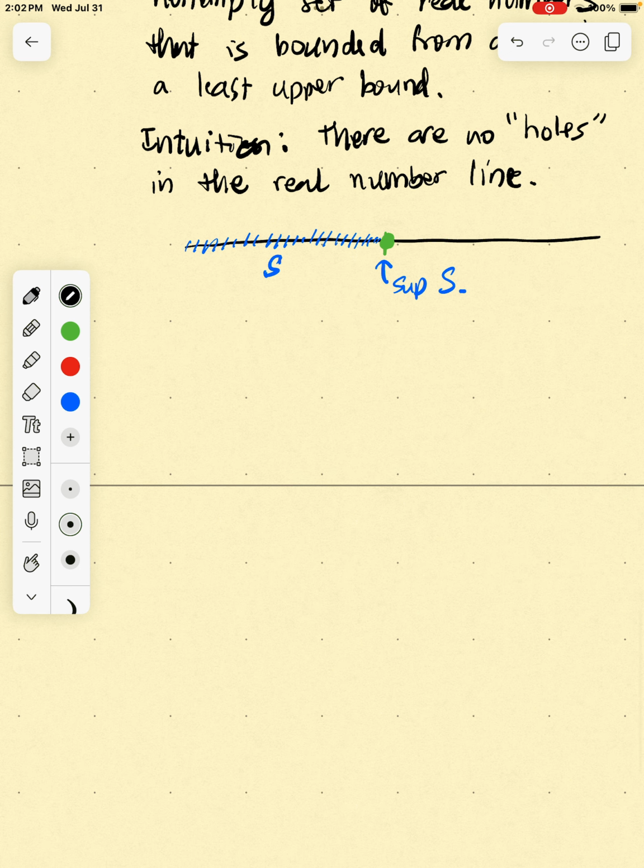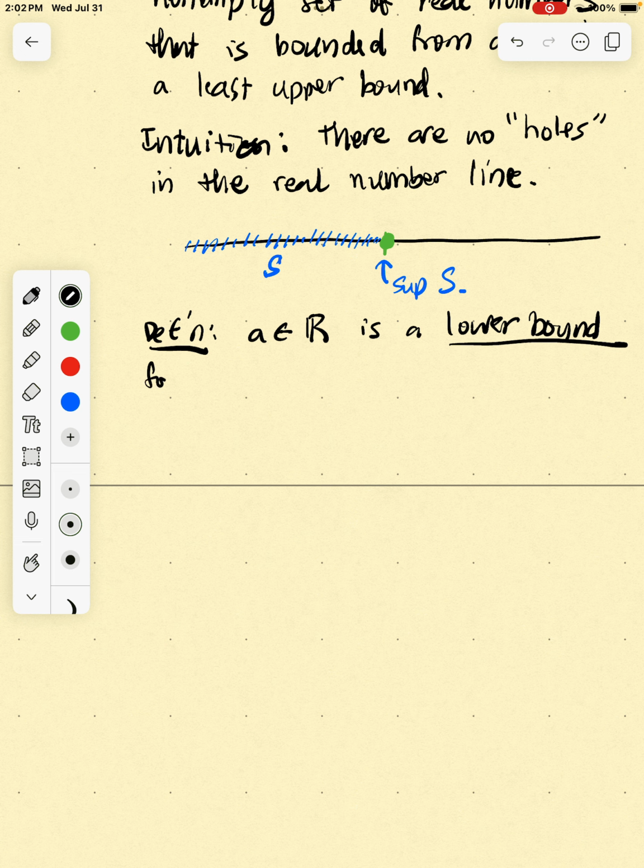Okay, so we've talked about upper bounds. Let's talk about lower bounds. It's exactly analogous, so I'm just going to explain this very quickly. So a real number A is a lower bound for the set S if for all little s in S, A is less than or equal to s.